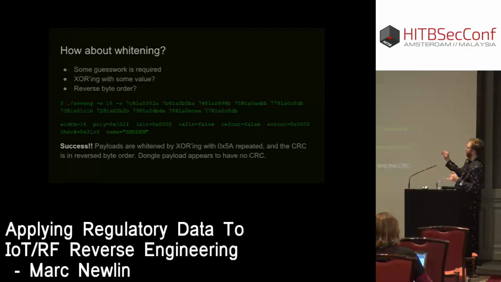But then the last 2 bytes in the packet, the checksum, were in reverse byte order. So in this case, XORing the entire thing with 0x5A repeated and reversing the last 2 bytes for the checksum worked. And then we pass it into gr-revenge, and we see that it is the X modem variant of CRC16 CCITT. And now we know, OK, we have the full packet format, more or less, for the mouse.